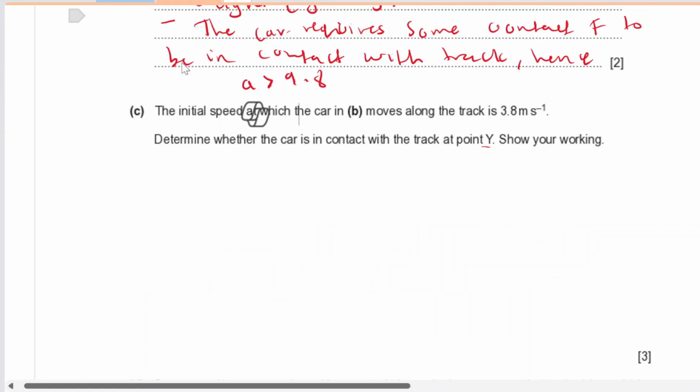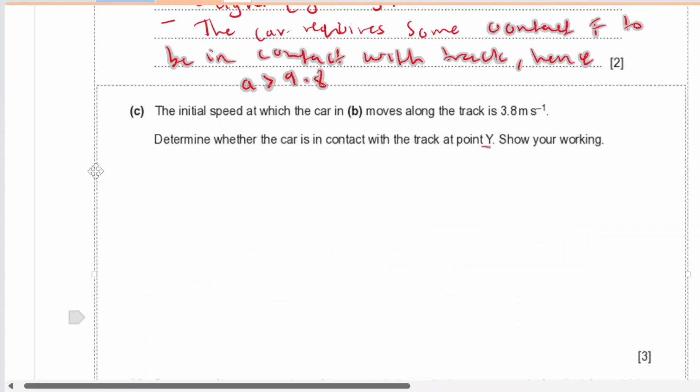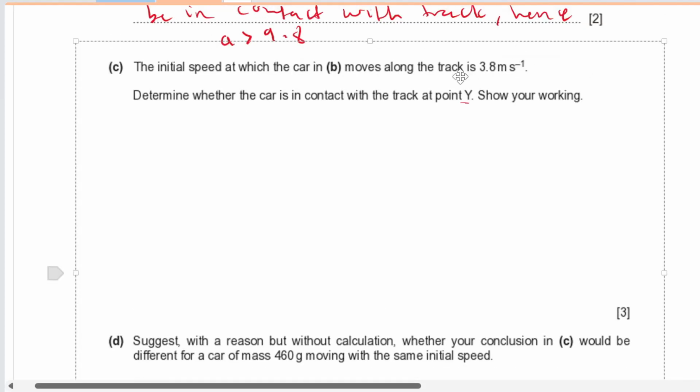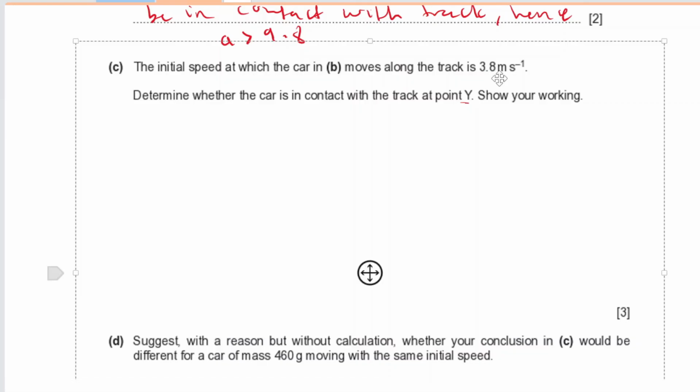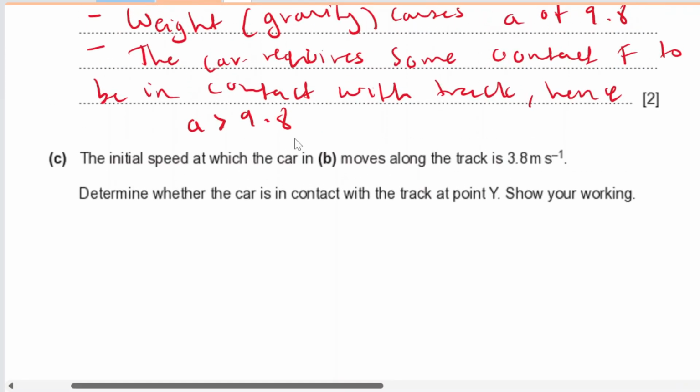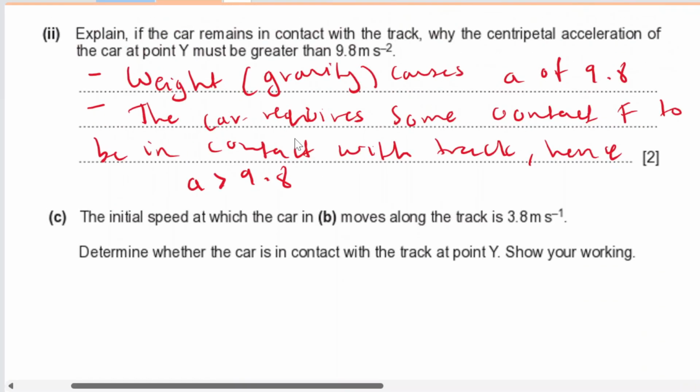Okay, let's go to the next question. The initial speed at which the car in B moves along the track is 3.8. So initially it's moving at 3.8. Determine whether the car is in contact with the track at point Y and show your working. Okay, so what we can do over here is that let's try to find the speed at point Y to see if it's in contact or if it's not.